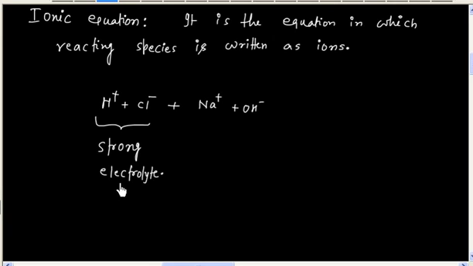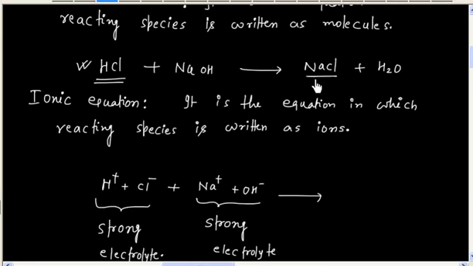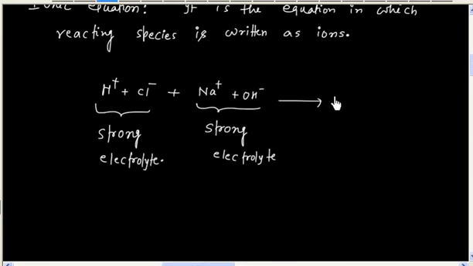This means it will 100% dissociate into the solution. Similarly, NaOH is a strong electrolyte. Now we have NaCl. This is also a strong electrolyte. So we can write Na plus Cl minus.